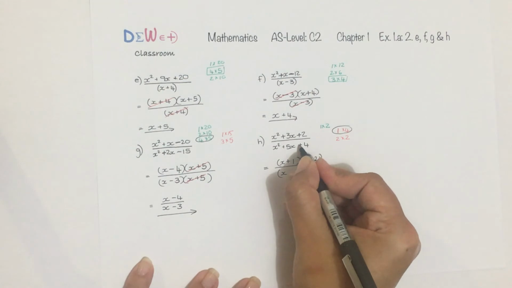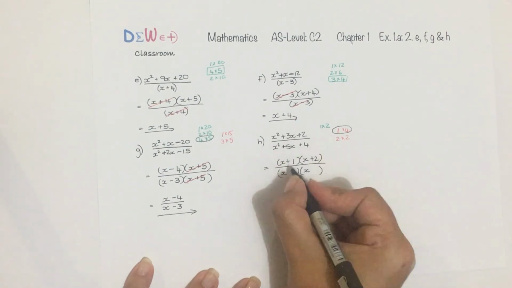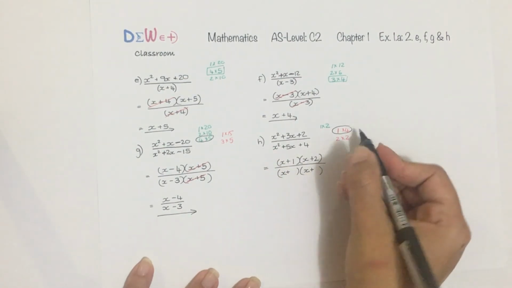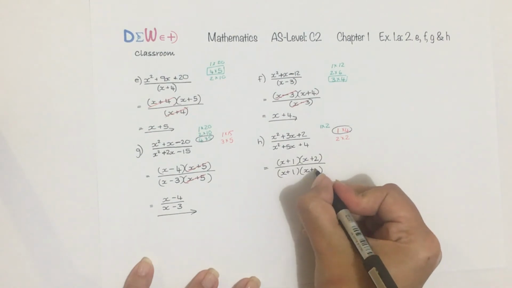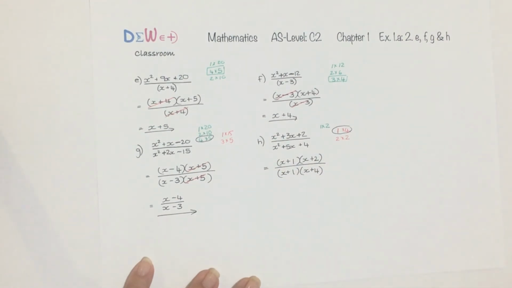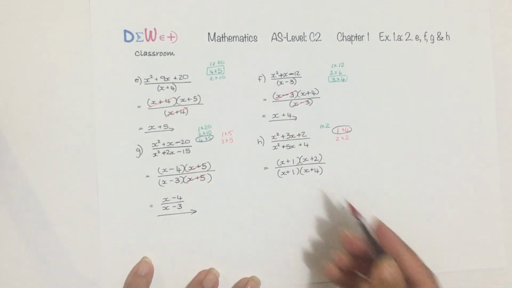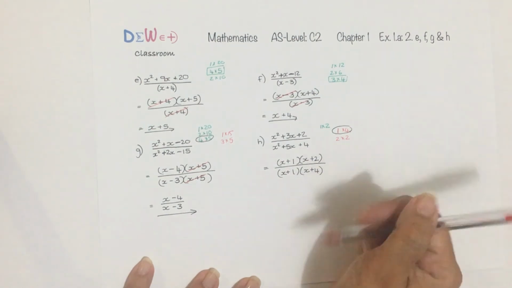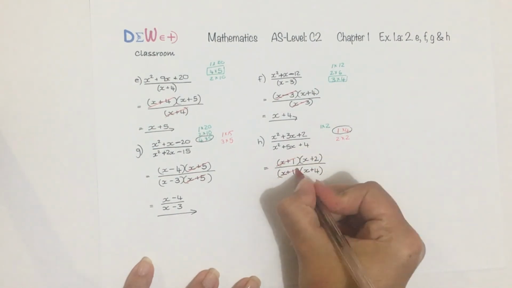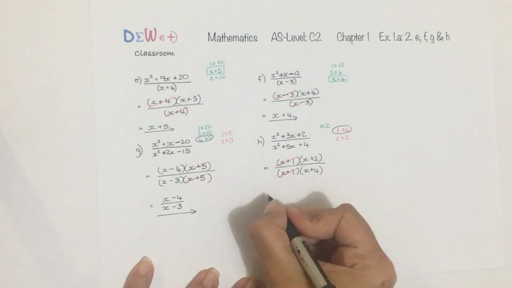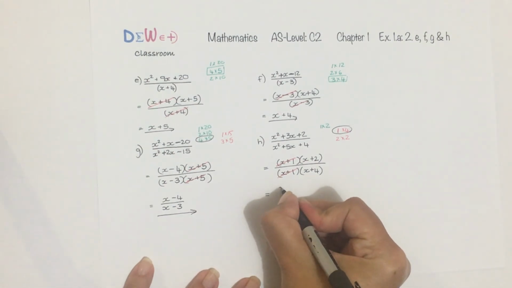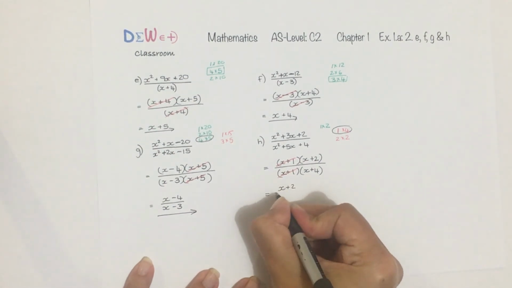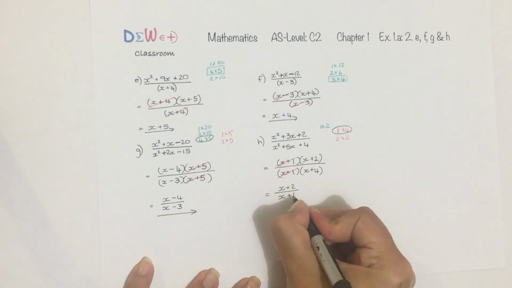The signs are both going to be the same, and they're both going to be positive, and our two factors are 1 and 4. Doesn't matter in which order you put them. Okay, and then we're going to cancel out the brackets that are exactly the same. x plus 1 cancels out perfectly, and your final answer is x plus 2 divided by x plus 4.